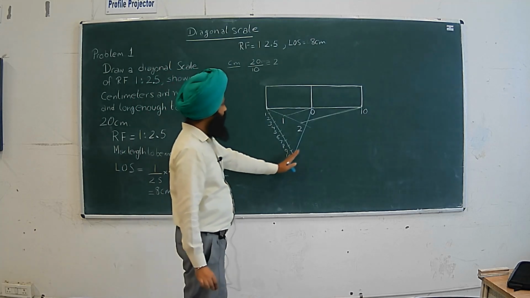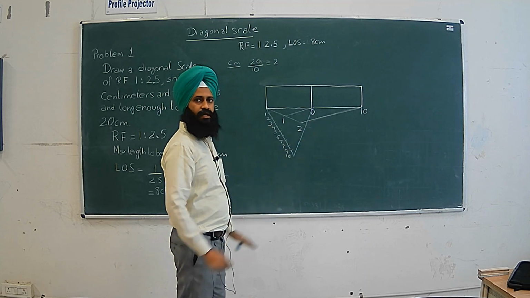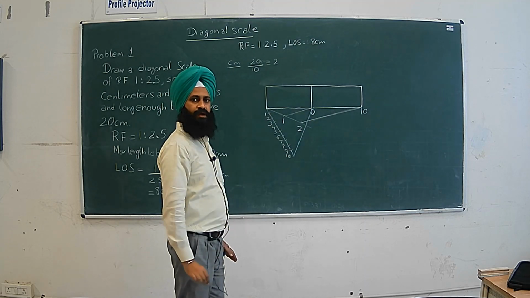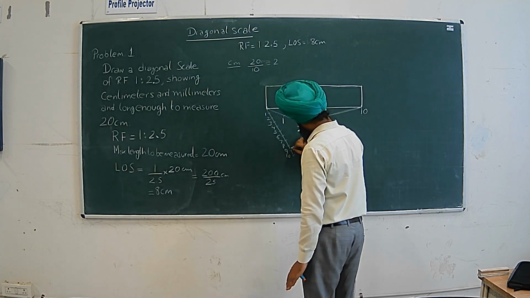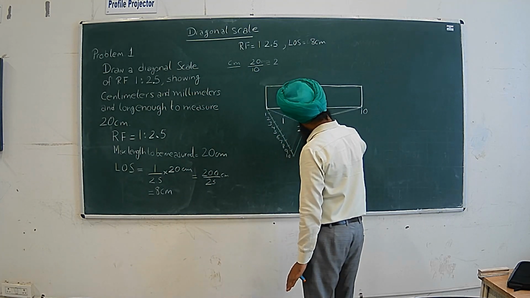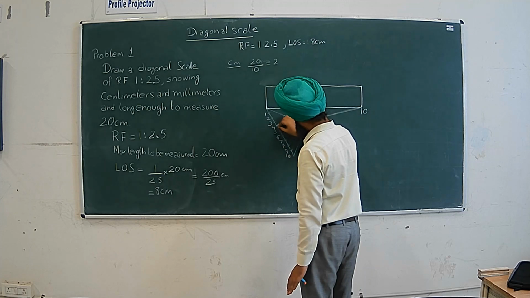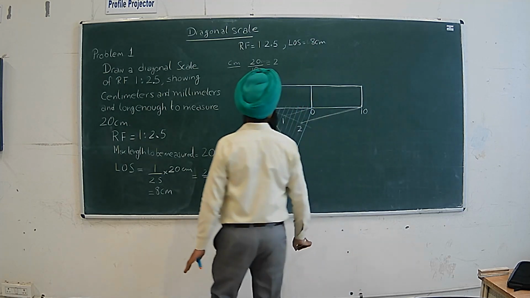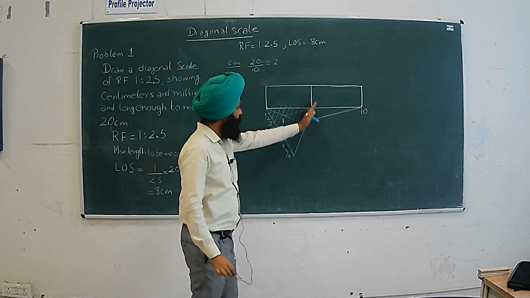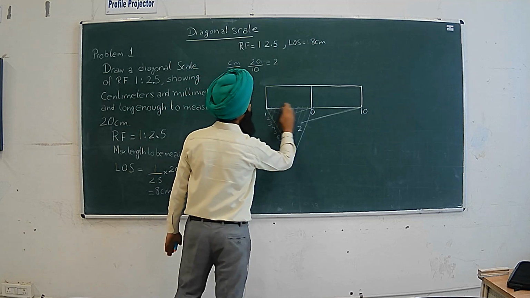So set the drafter in line with this line, which is joining 10 and 0, and draw parallel lines from every point to this line. So these are the parallel lines drawn to this line. These lines will be crossing the baseline by some distance.